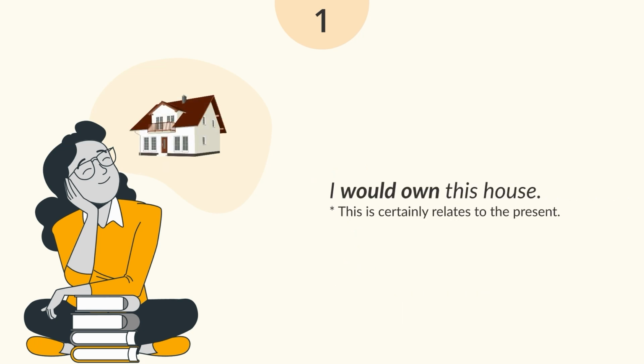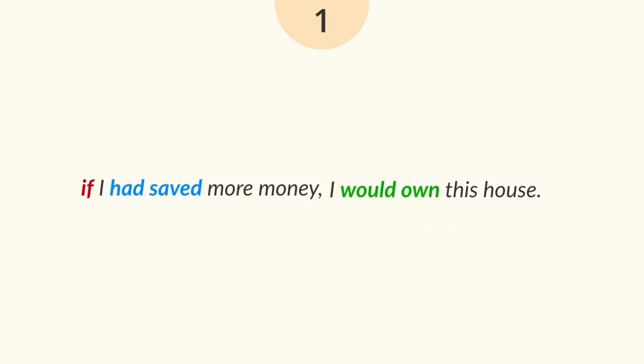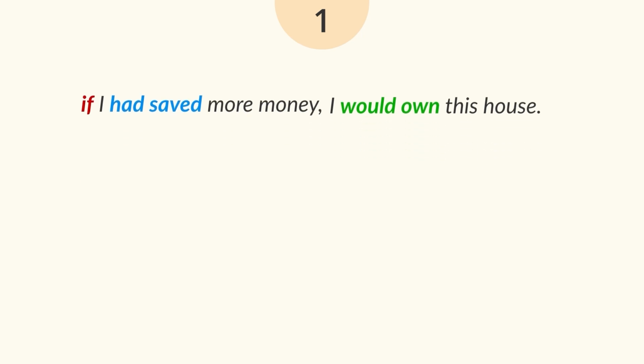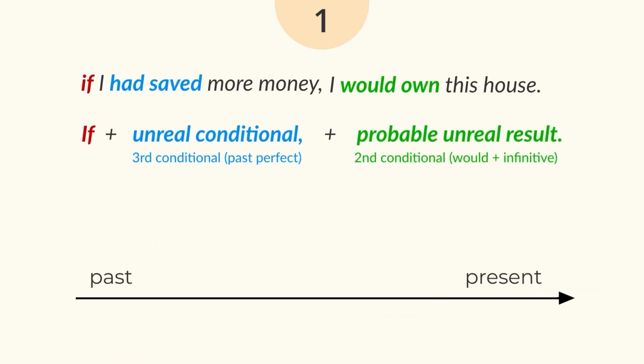This certainly relates to the present, so colour it in green. It is certainly the second conditional. If I had saved more money, I would own this house. Have you noticed? We mix the third and second conditionals. The past condition impacts the present.